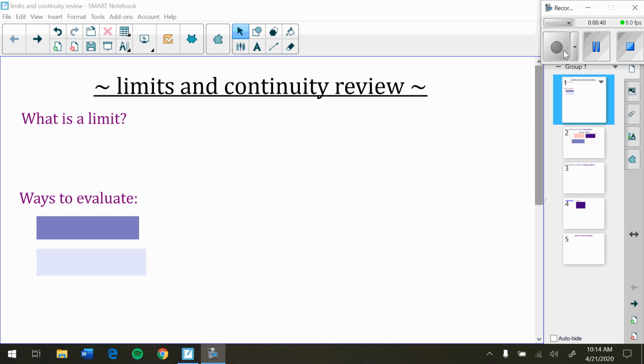So this is our limits and continuity review, just general review of all this limit business we have been doing during this time. So the first question is, what is a limit?